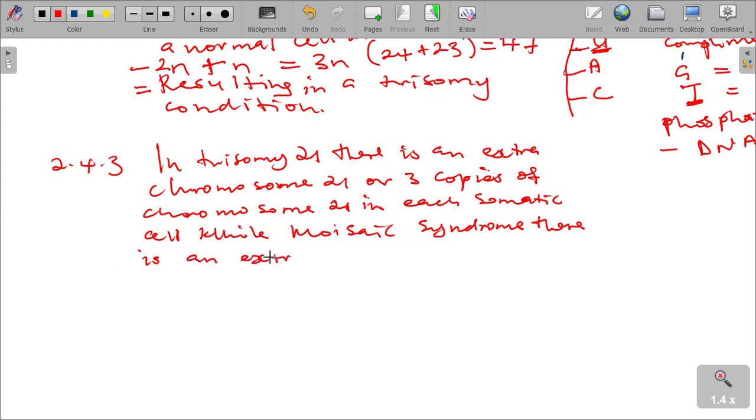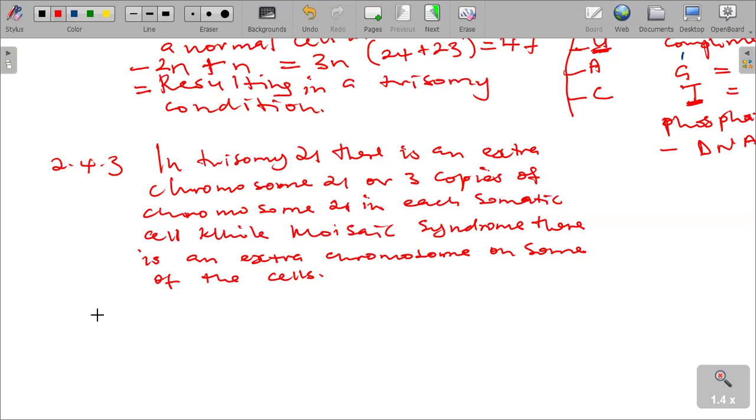The extra chromosome is found in some of the cells, not each of them. That is also one point there.